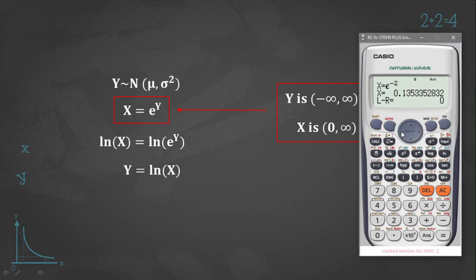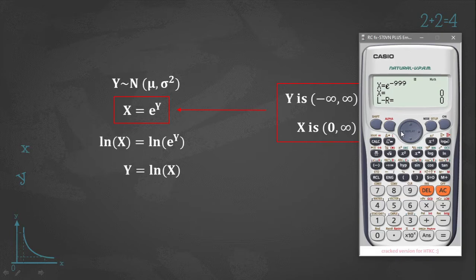I-try natin is negative 5. Approximately 6.7 times 10 raised to negative 3 na ang value ng x. So, makikita natin na papalapit talaga siya ng papalapit sa 0. So, i-try natin is negative 999. So, nag-0 na talaga ang value ng x.